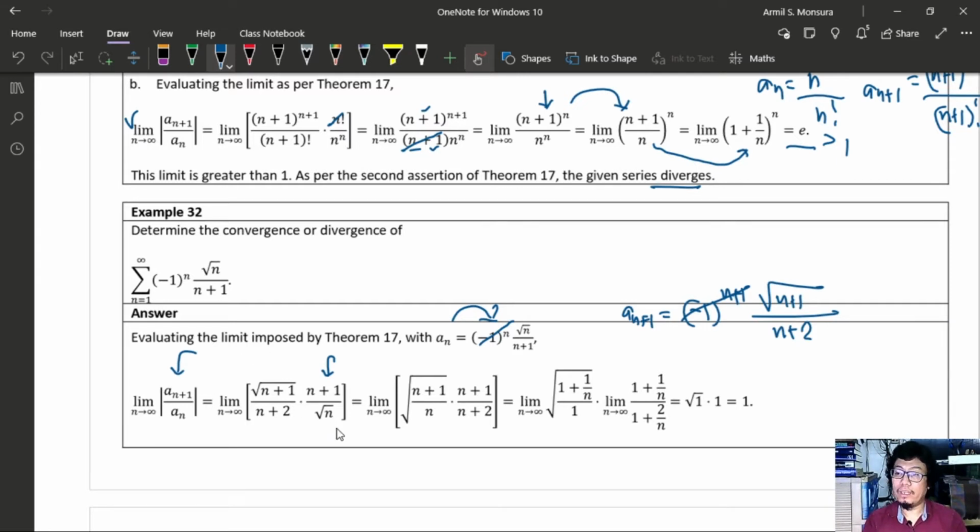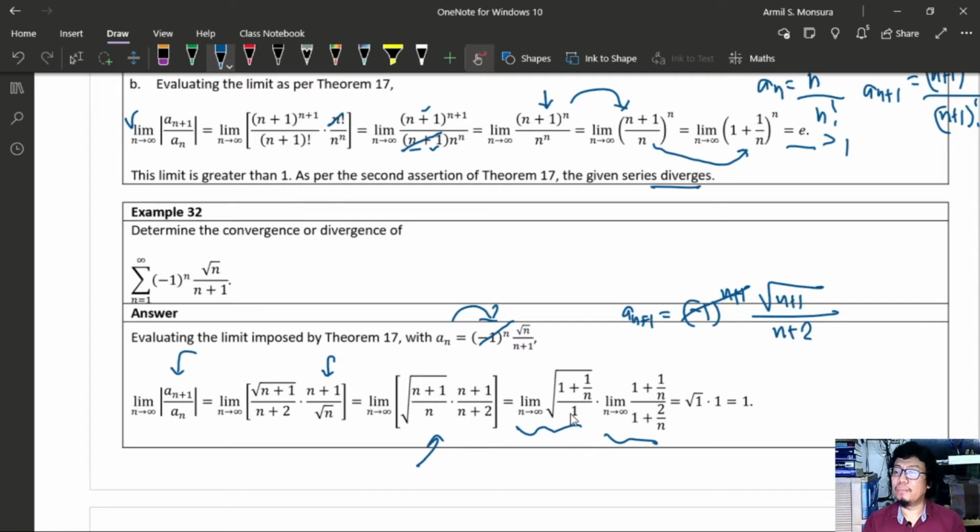Now, I'll rearrange this so that I can write it this way, in which I can, using the properties of limits, since this is multiplied, the limit of the product is the product of their limits. So I'll have this and this. I can separate them into two limits and multiply them eventually.